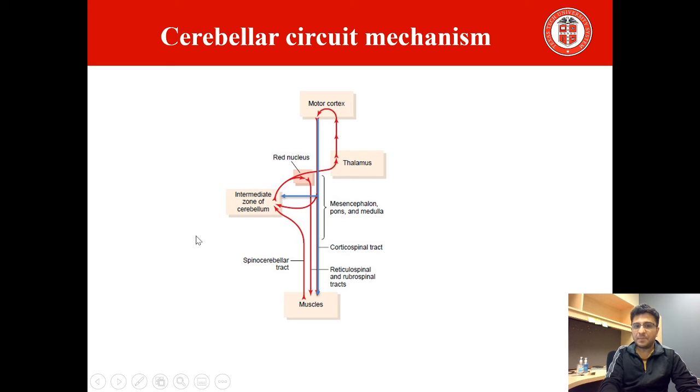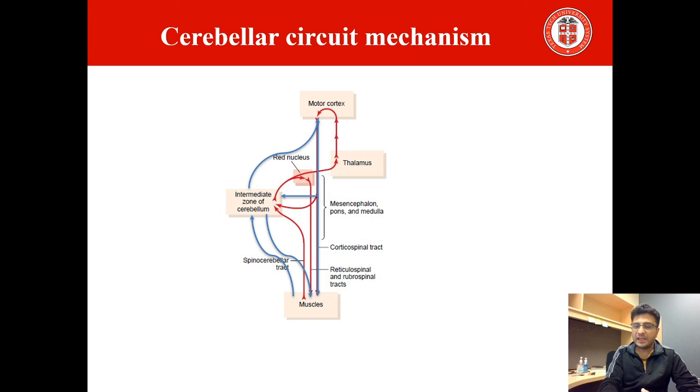And then, depending upon the response of the muscles, information goes back as a kind of feedback that this is the actual plan, but this is what is happening in reality. So this feedback information goes to the cerebellum, and then it is conveyed back to the motor cortex to modify the movement, and the movement is again modified at the level of the cerebellum and the muscles as well.